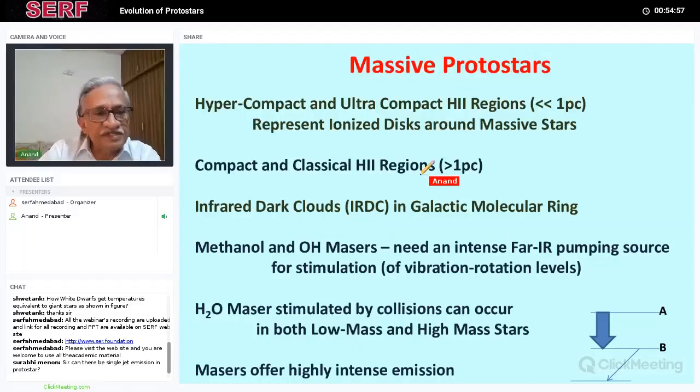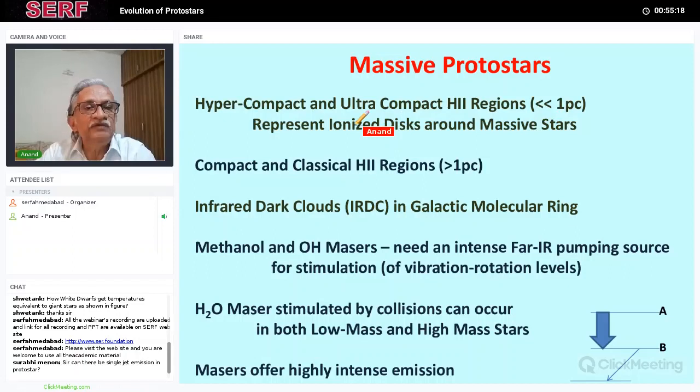So these H2 regions, of which I have shown some examples like in Orion or M8 and so on, are parsec sizes. But they have found that at around the similar distances, there are hypercompact and ultracompact H2 regions. These are much less than 1 parsec, 0.01, 0.1 parsec, and so on.